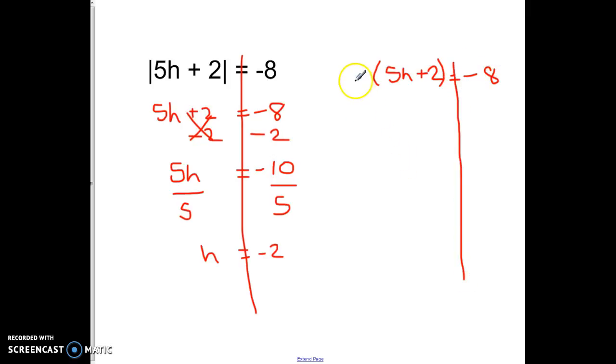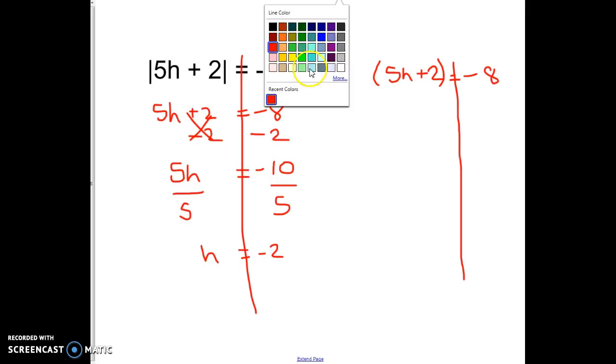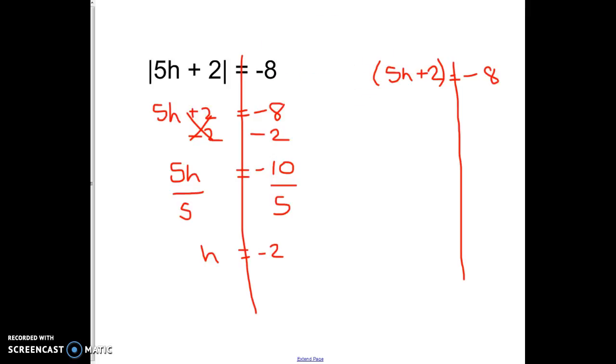And I need to go ahead and take this, I should change color here, times a negative, or if you want to put a negative 1, so a negative times a positive 5 gives us a negative 5h, and a negative 1 times a positive 2 becomes a negative 2, and we still have equals negative 8.